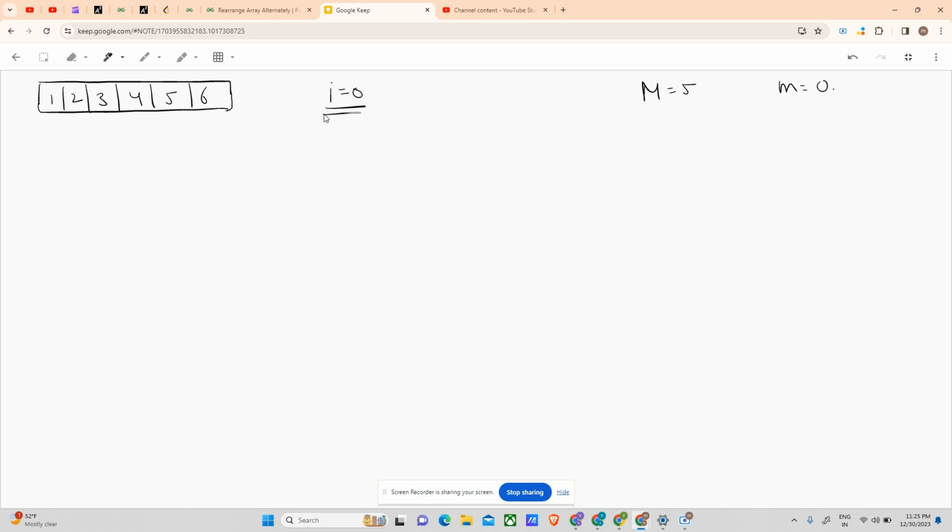For i equals 0, it is even, so arr[0] will be changed to arr[5], that is 6, into the divisor, which is 7 here, 6 plus 1. So 6 into 7 plus arr[0], that is 1, which is 43. Change it to 43.